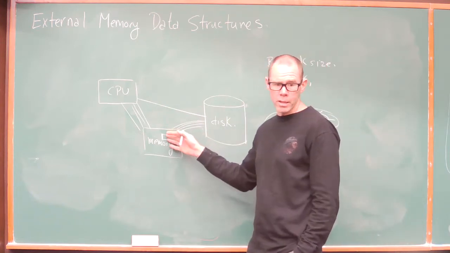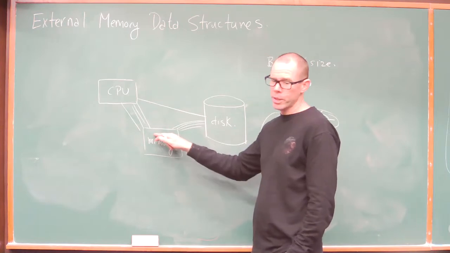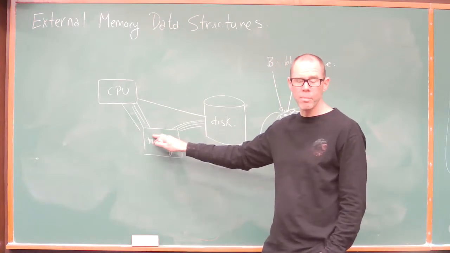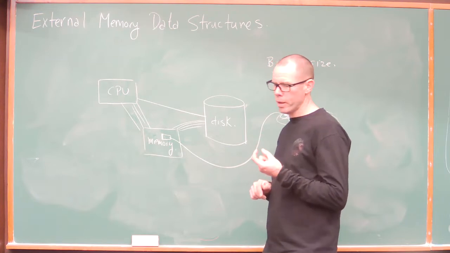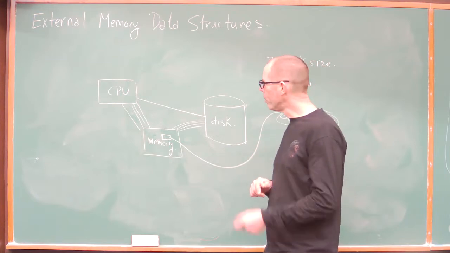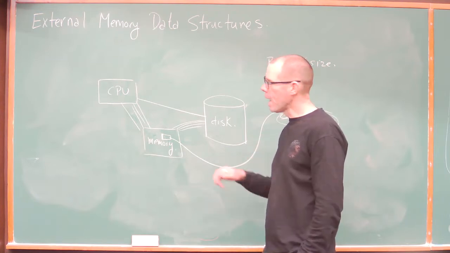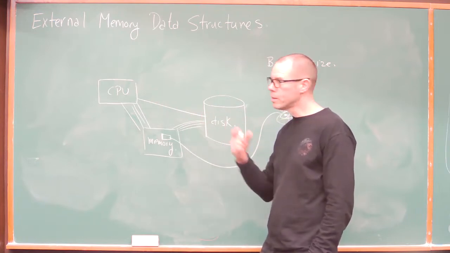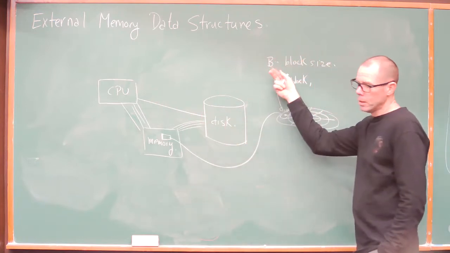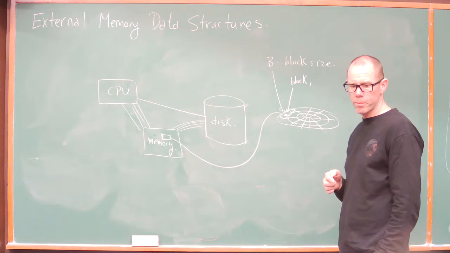Memory is kind of organized this way too. When you ask for a particular word or byte in memory, you don't just get one word or one byte. What happens is a whole cache line gets read into a cache, and a cache line has a particular size. That would be this value B that we're talking about.